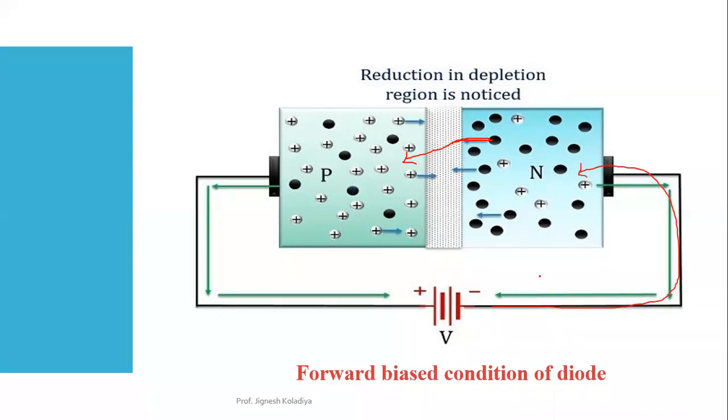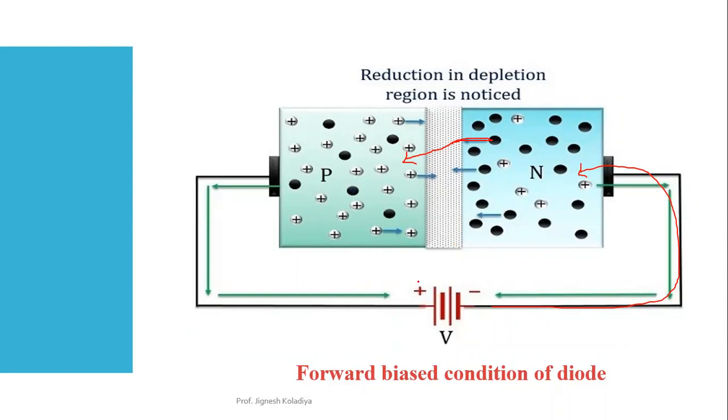In this way the current conduction starts and current can flow. As there is no depletion region, current can easily cross this junction, and more and more current will start to flow. So in forward bias condition, the diode is going to allow the current.